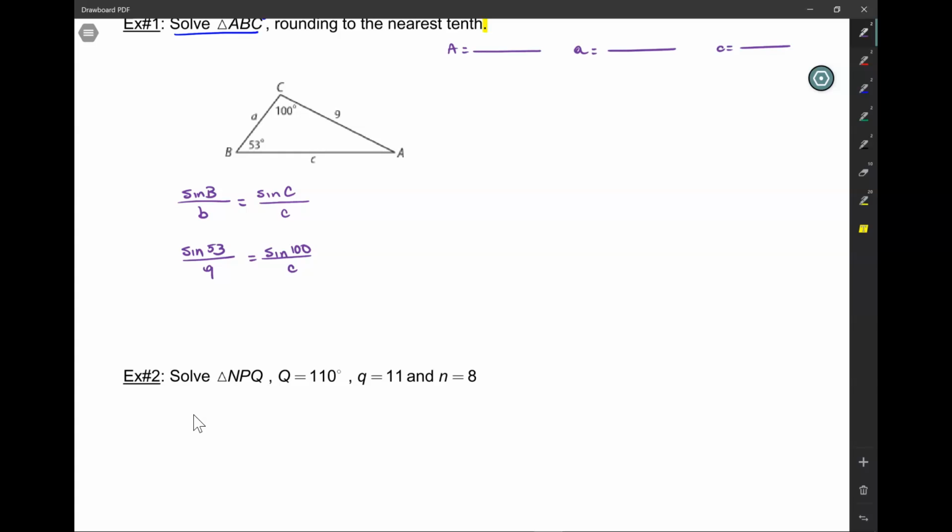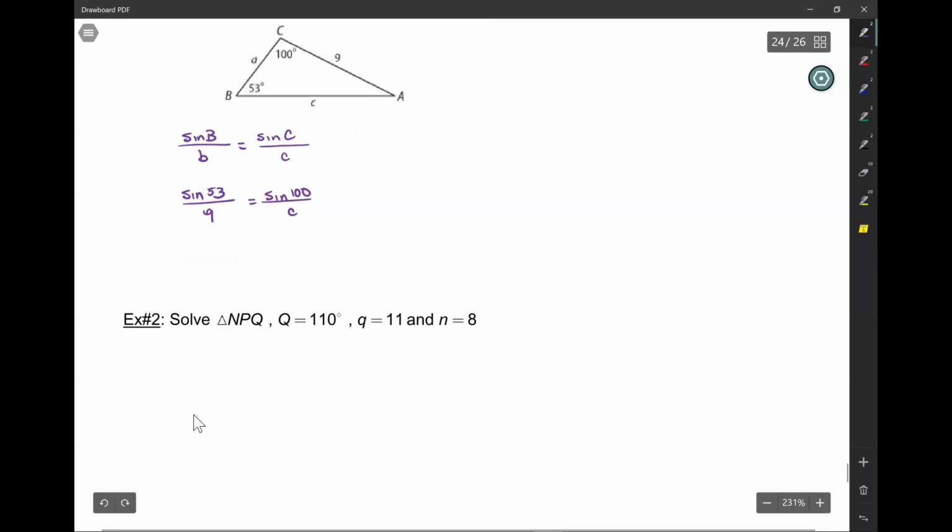You would cross multiply, and then you would have to divide. The easiest way is to write the unknown as a fraction. Now, look at the diagonal where both are complete. You do 9 times sine 100, and you divide by the one that you haven't touched yet, which is sine 53.